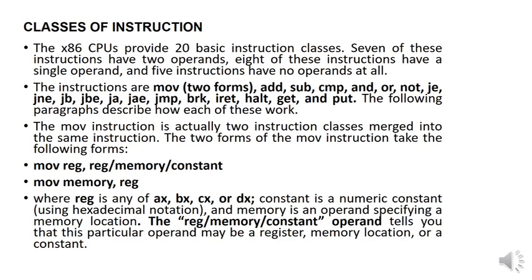The instructions are move, 2 forms, hard, soft, command prompt, and or not, G, Jin, JB, JBE, JA, JAE, GMP, BRK, irate, hot, get, and put. The following paragraph describes how each of these works.